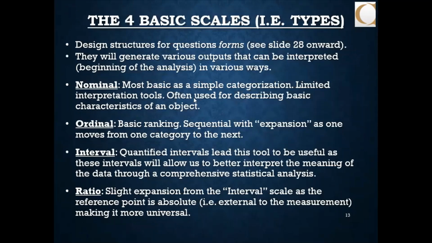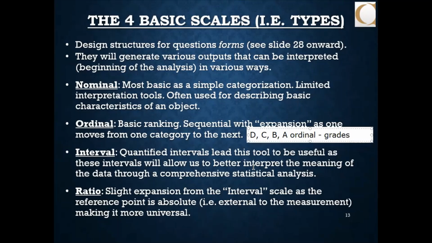So these scales: nominal is basic characteristics mostly, ordinal is ranking. For ordinal, D, C, B, A could be ordinal, like grades. And then interval shows what the data is.